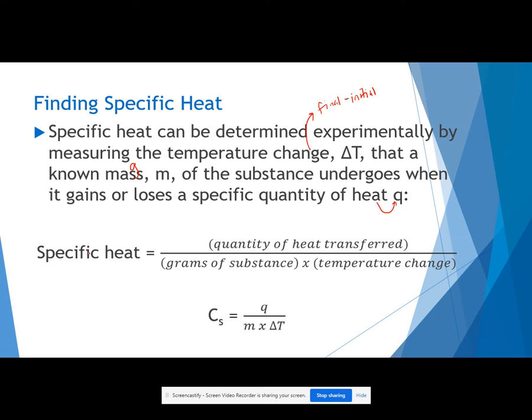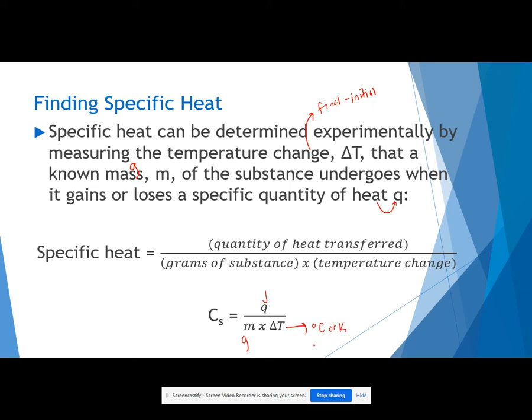Okay. So specific heat, the equation for it, equals heat transferred, which is Q, divided by the mass of a substance in grams times the temperature change. I've told you right now that Q is typically going to be in joules. M is going to be in grams. This right here, since it is a change in temperature, can be degrees Celsius or Kelvin.